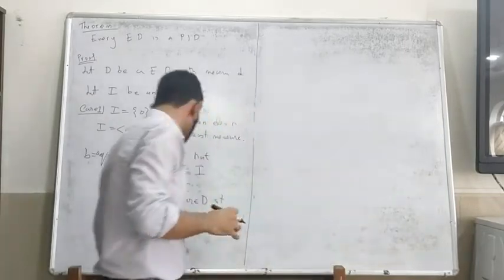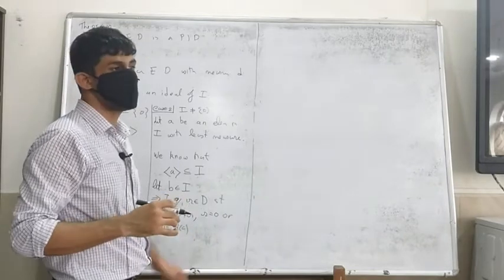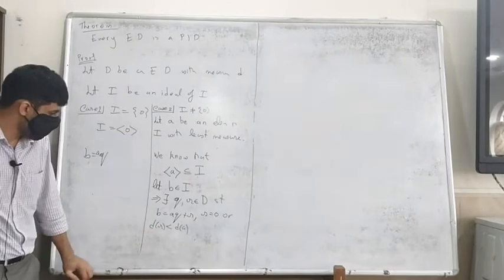Now what would happen if D of R is less than D of A?